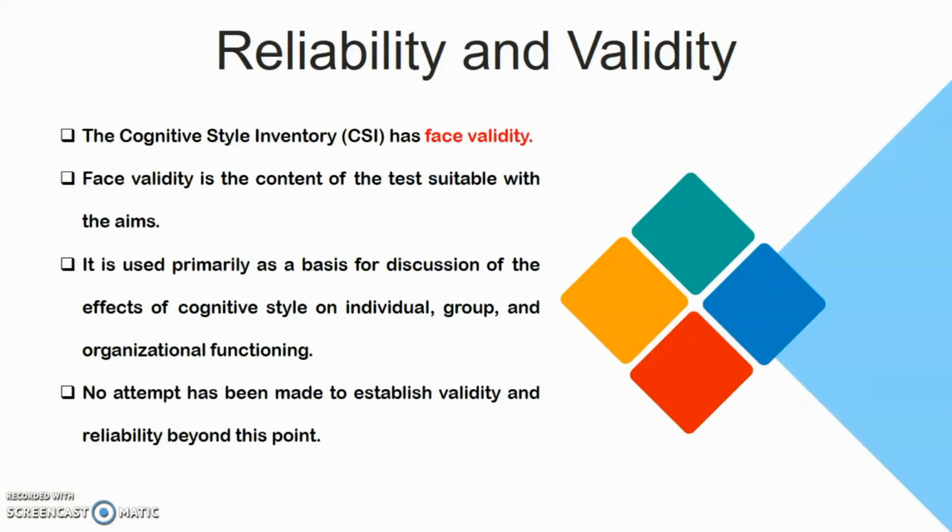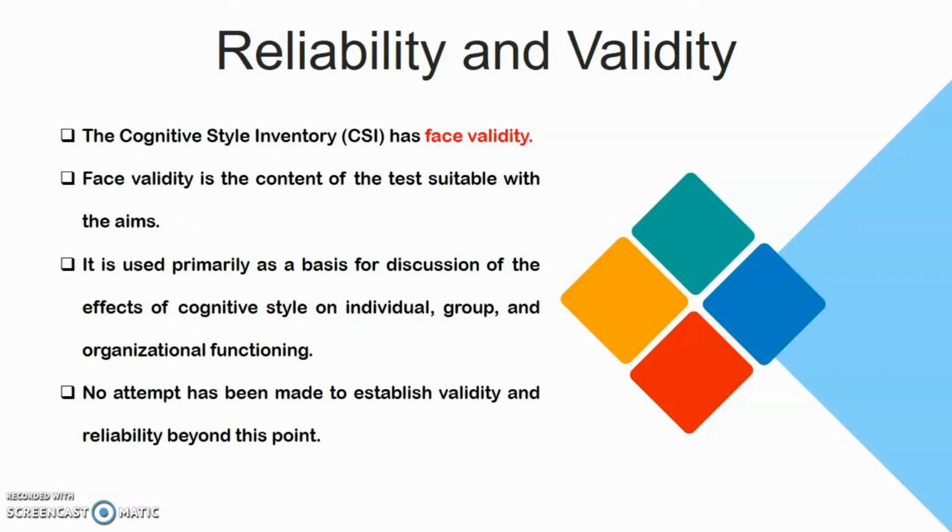Okay, next slide is about reliability and validity. So the inventory has face validity. What is face validity? Face validity is whether the content of the test is suitable with the aims.